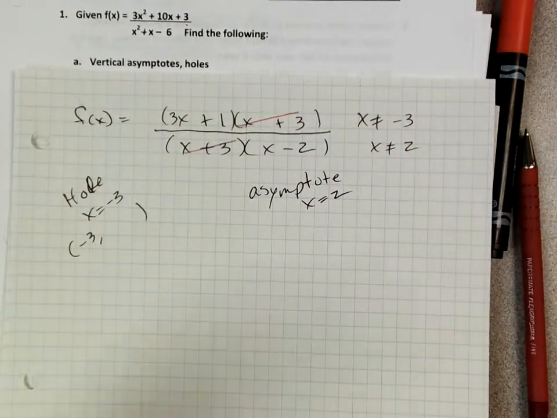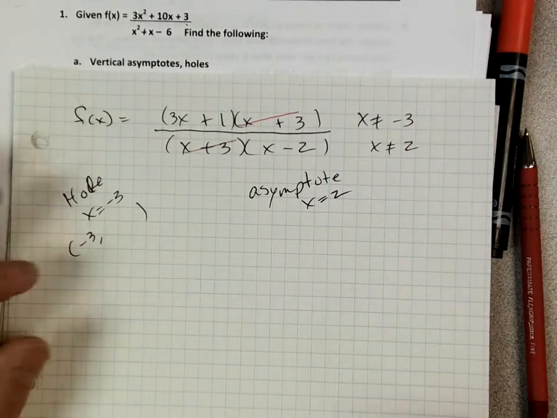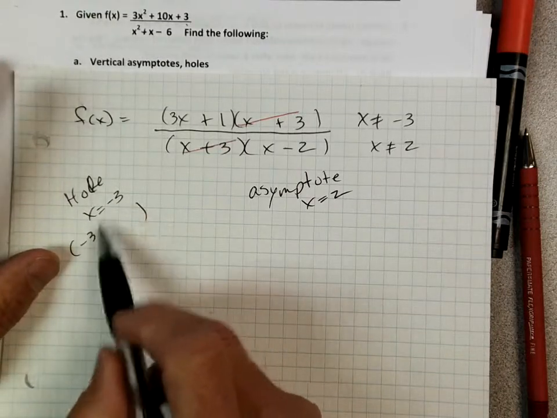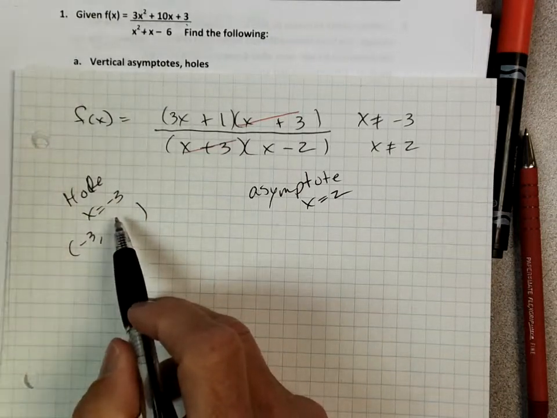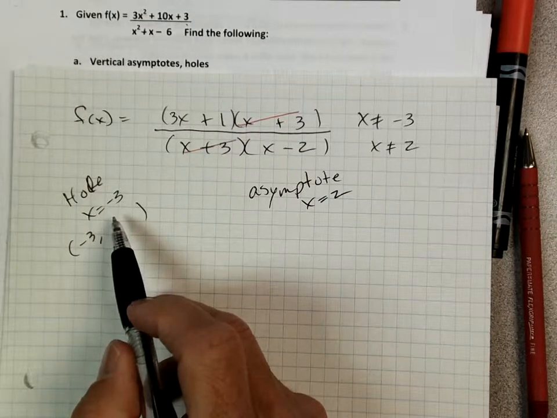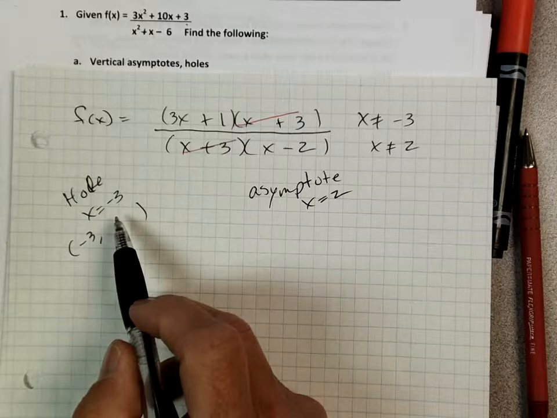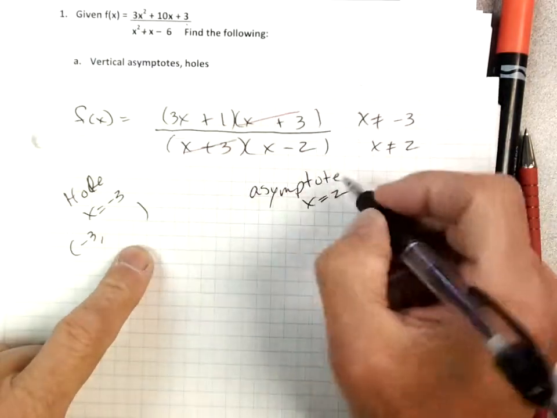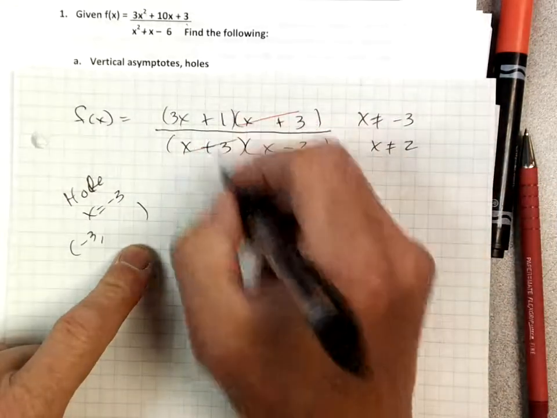Alright, so let's go back to the hole, because we've got a negative 3 something. To find its corresponding y value, keep in mind it is a hole, but it has a place value. Somewhere on the graph you find the hole, so it has to have an x and a y value, even though it's a hole. So to get it, we take the negative 3 and plug it into the simplified equation.